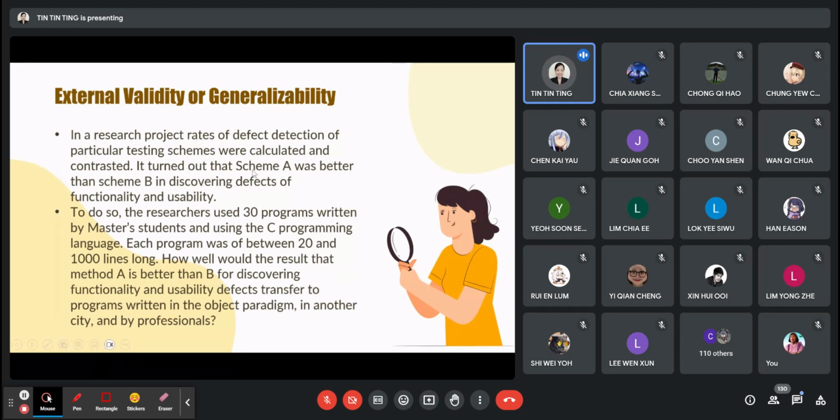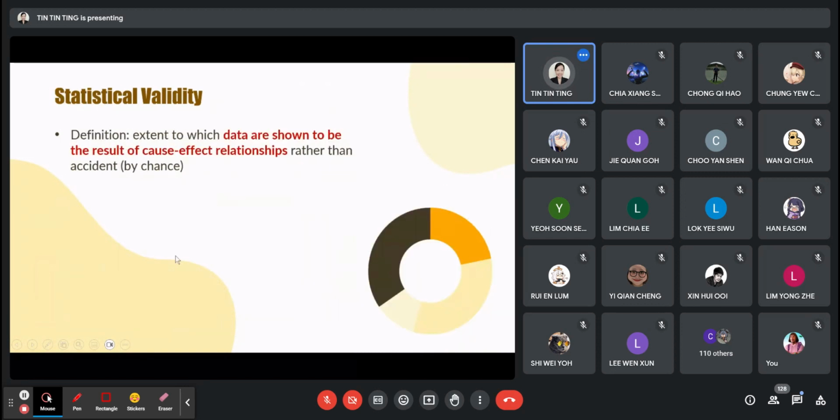And what are the programs? 30 programs written in C programming. The programs will have 20 to 1,000 lines long.